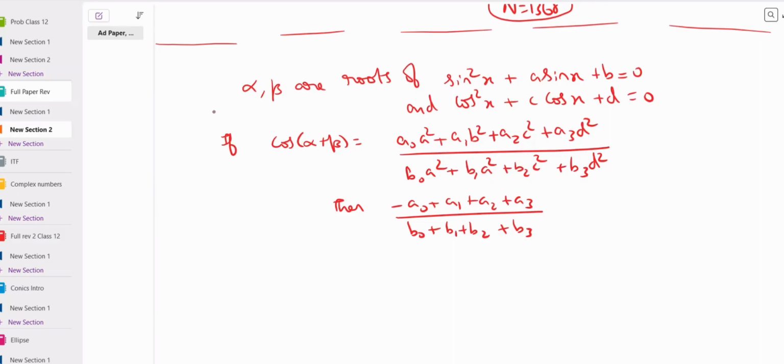With that itself, you can reach 7 variables. The numerator and denominator bring 8 more: a₀, a₁, a₂, a₃, b₀, b₁, b₂, b₃. So literally 15 variables. Who could solve such a question in exam time? Is it possible?